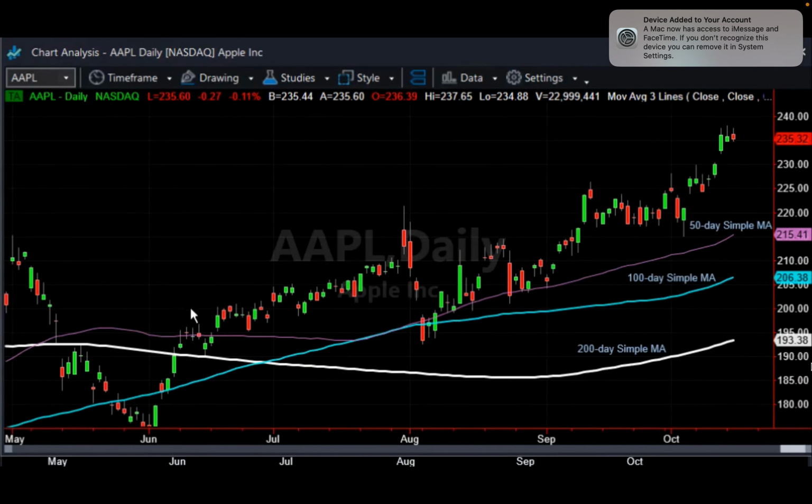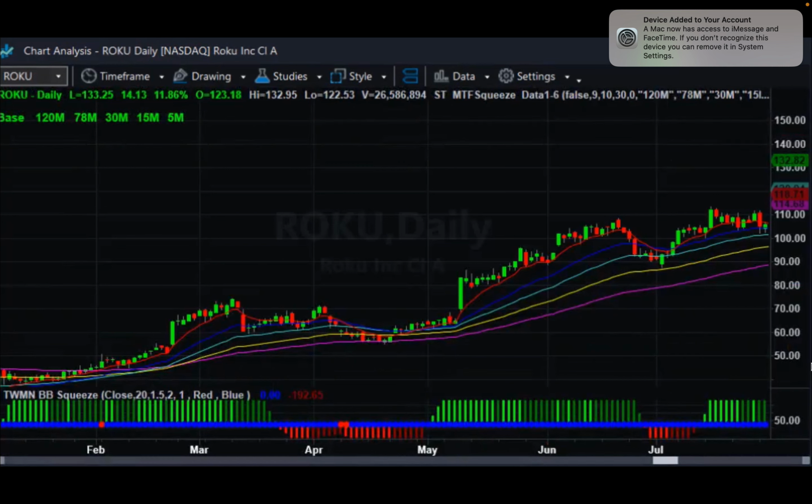Again, our new definition of an uptrend is higher highs, higher lows, and price is above the broad moving averages, those being the 50-day simple, 100-day simple, and 200 simple. And seeing the exponential moving averages stacked positive, and as long as price is above or holding the 8 as support, that's a strong trend.